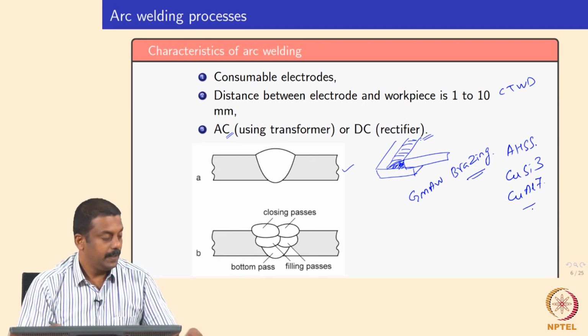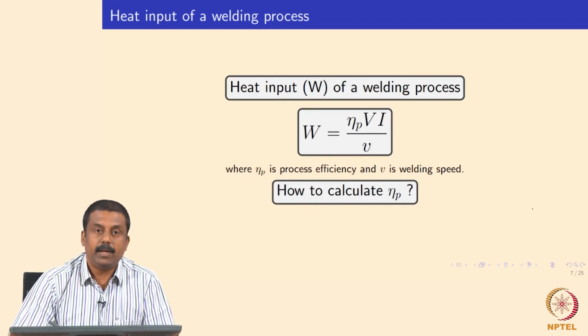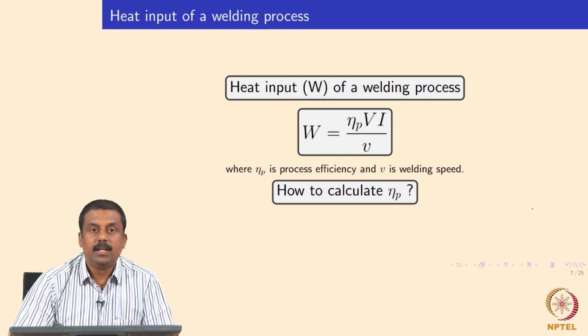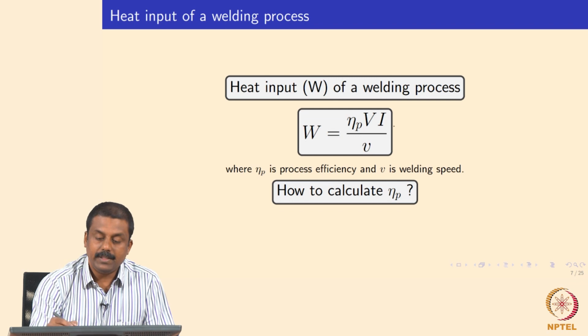So in this GMAW, the heat input is determined by a very simple equation, where we have the voltage and the current passed to the system.